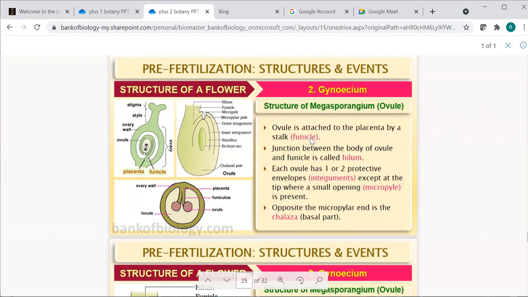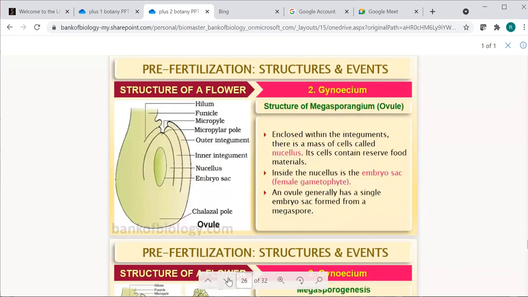The junction between the body of the ovule and the funicle is the hilum. That is somewhere here. This is the angle which it produces. The angle or junction between the body of the ovule and the funicle is called the hilum.